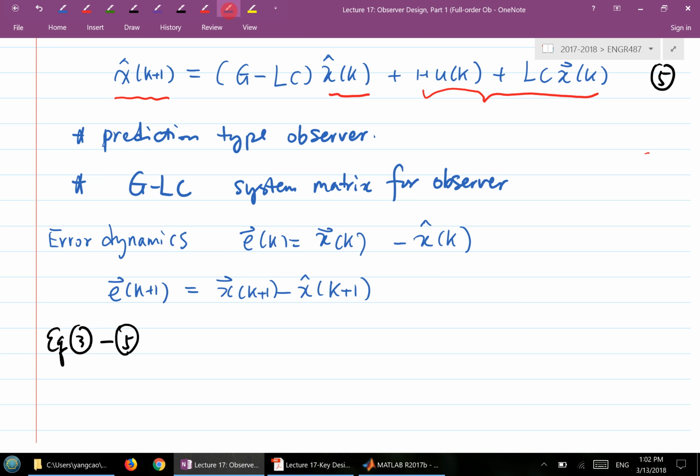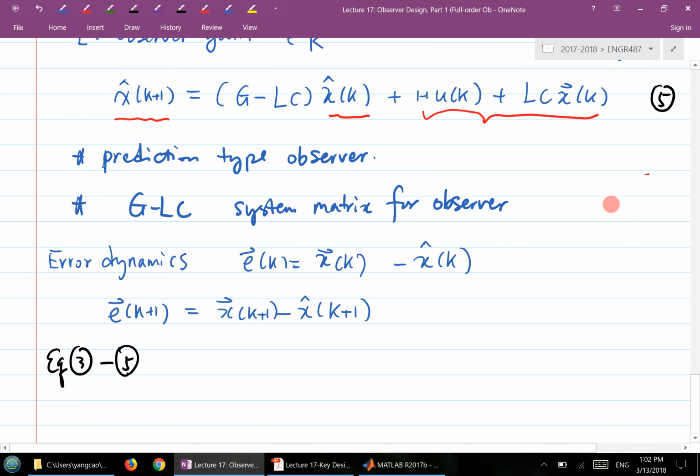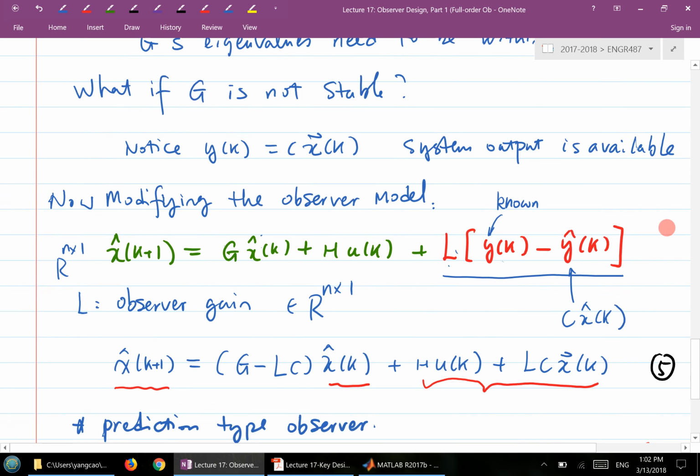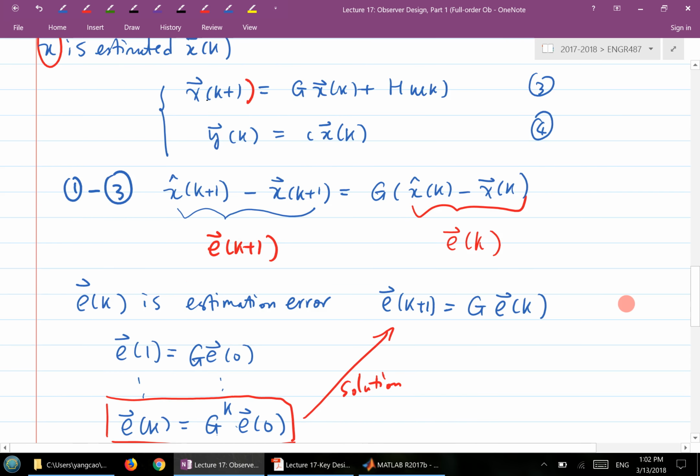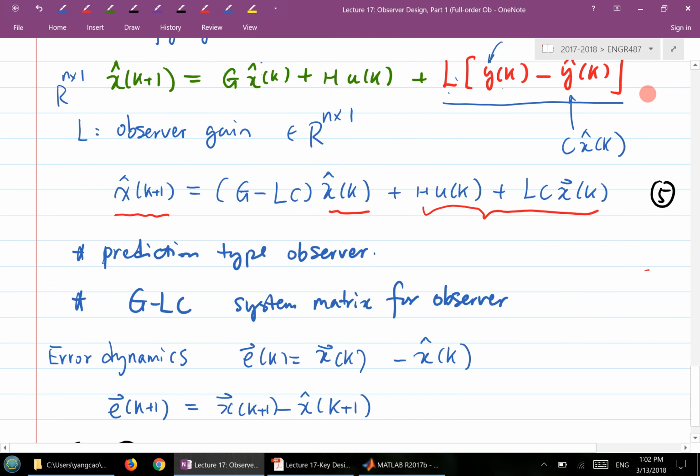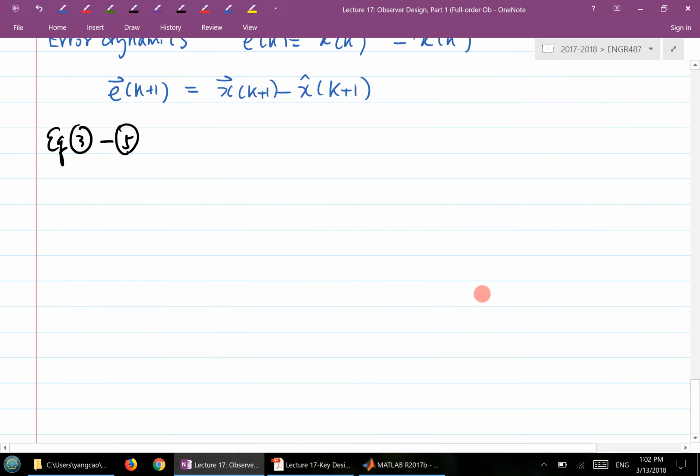Left side minus left side and right side minus right side. So you got H u of k cancel out, right? So let me rewrite this one here.